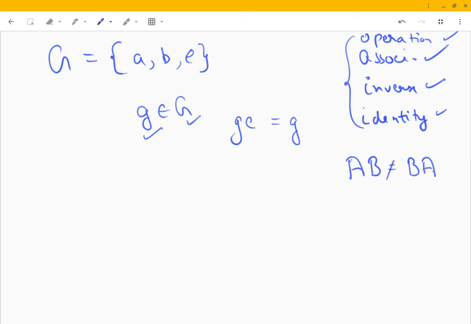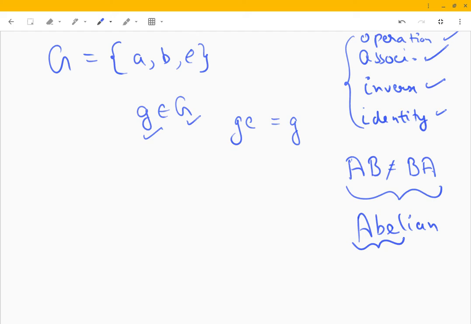That means this property is called commutativity, and if a group exhibits this property for all the elements, it is called an Abelian group, after the mathematician Abel. So a commutative group is called an Abelian group. Commutative means every element should commute with every other element.